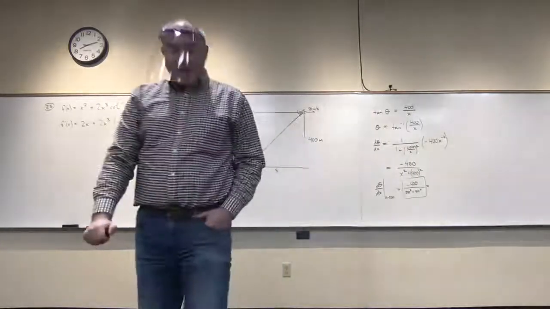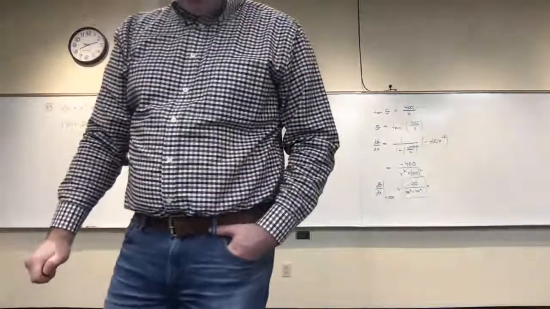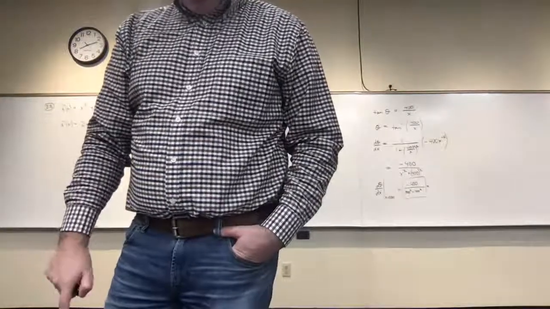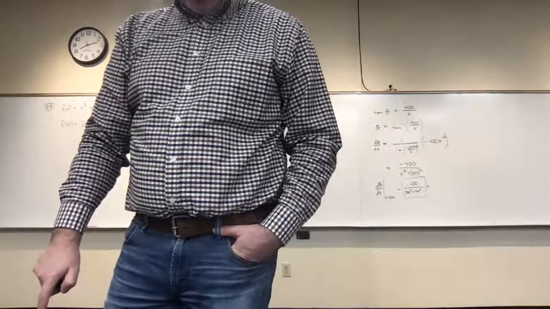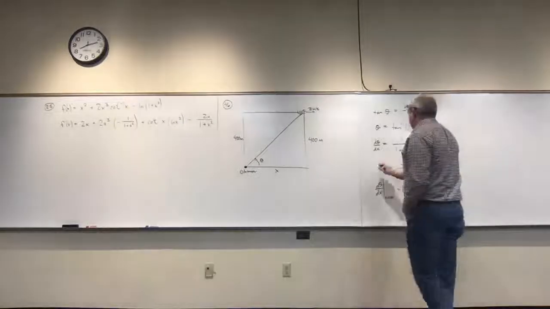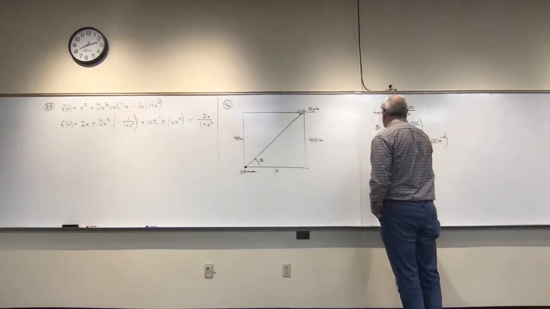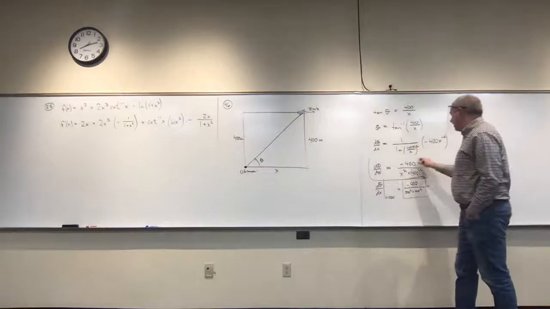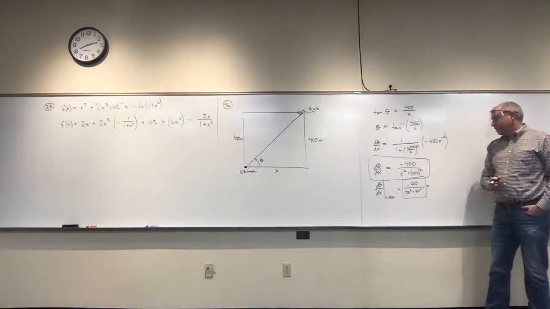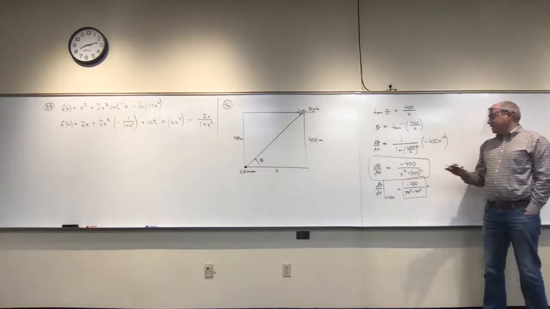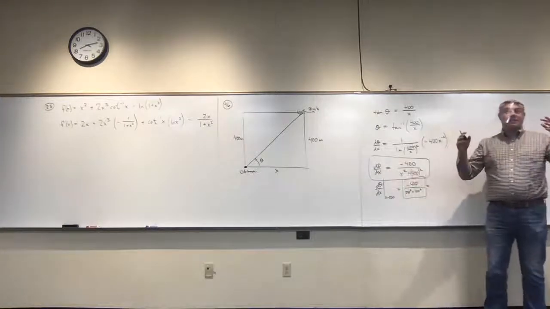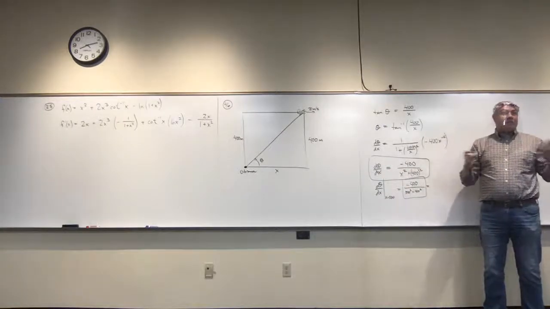Okay, that's part A. Part B asks to graph that thing as a function of x and determine the point at which theta changes the most rapidly. So basically what they're saying is go back here to d theta dx, graph this thing as y equals this thing on your graphing calculator, and then see where it is that d theta dx is the maximal that it could be, the biggest change it could be.